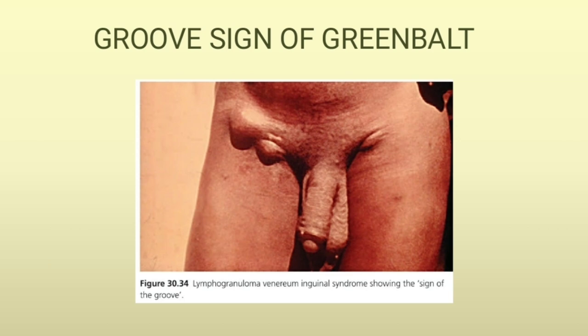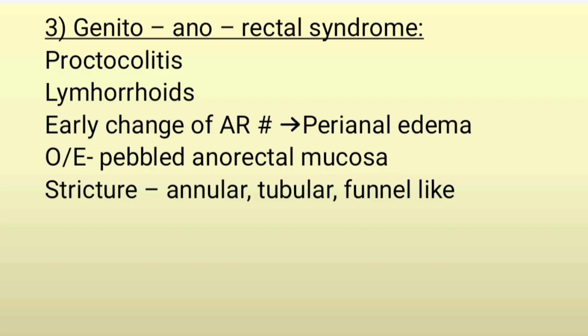Coming to the last stage, the genito-anorectal syndrome, where the patient can have proctocolitis, and lymphoid hyperplasia can be present, where there is enlargement of the lining lymphoid tissue. Early stage of anorectal involvement will present as perianal edema. On examination, there can be pebbled anorectal mucosa. Stricture can develop. Most common is annular stricture followed by tubular and funnel-like.